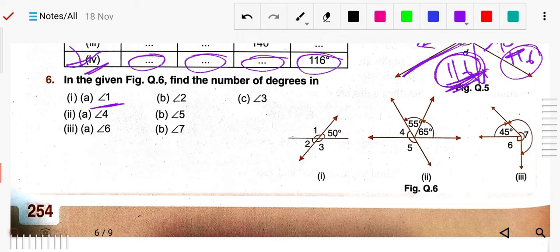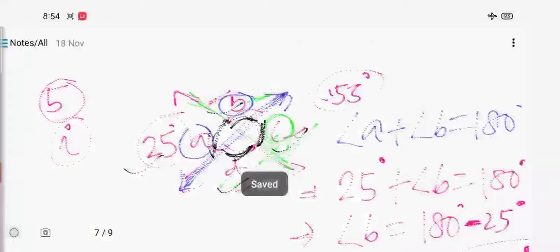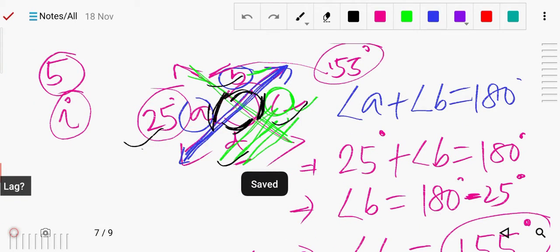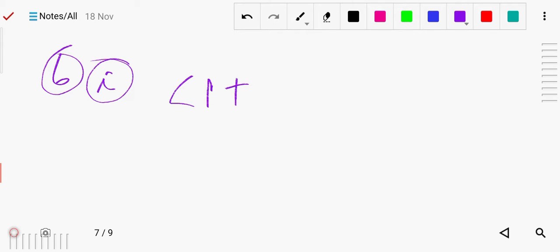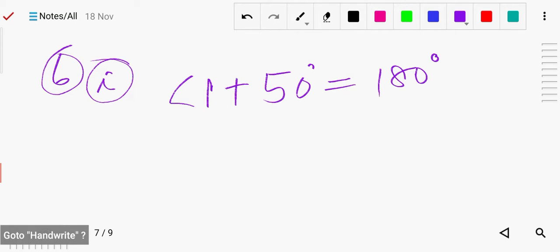This straight line is there, you can check. Now angle 1 plus this 50 will be 180. So you can solve question number 6 here. First, angle 1 plus the other angle, 50 degrees, will equal 180 because it is on the straight line.